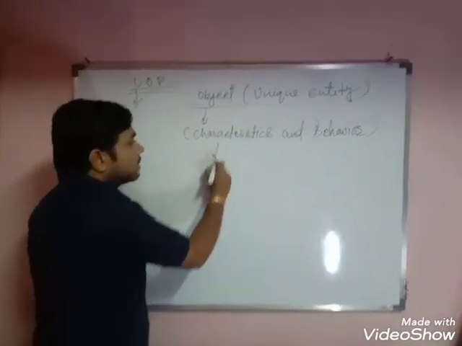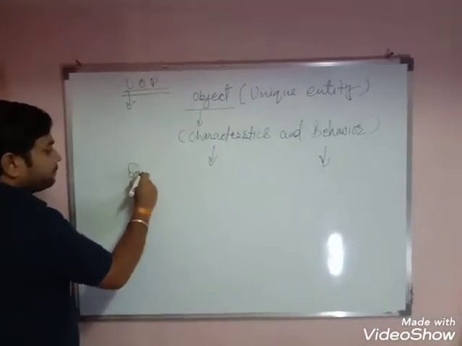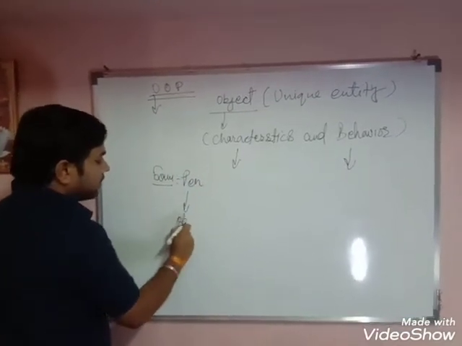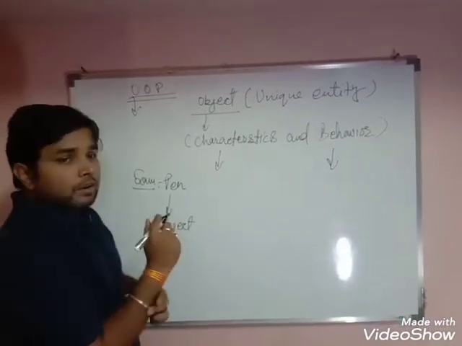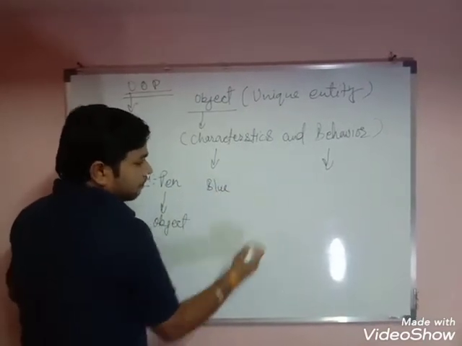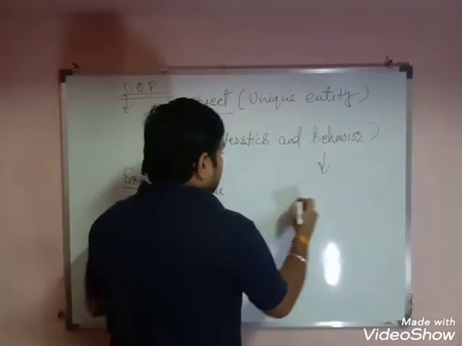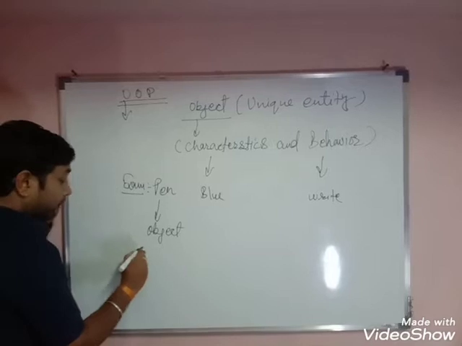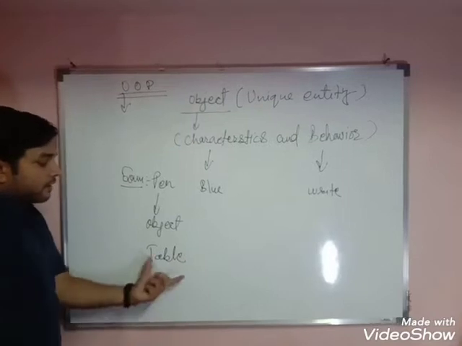Now what are the characteristics and behavior of any object? For example, this is an object. A pen is an object, and what are the characteristics and behavior of the pen? The characteristic of the pen is that it has blue color, or it can be black. And the behavior of the pen is that it is used to write. Same as when we come to a table. A table is also an object. What are the characteristics of the table?